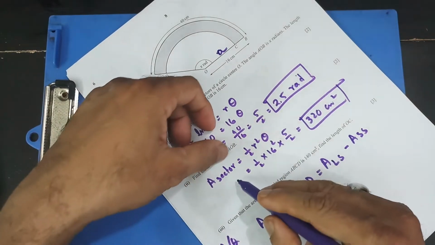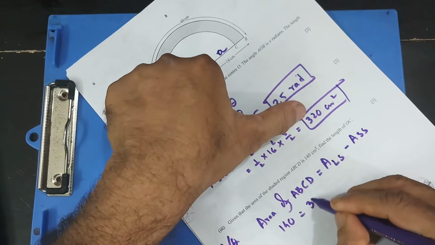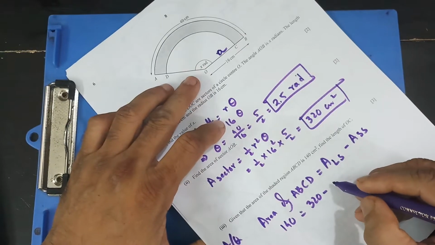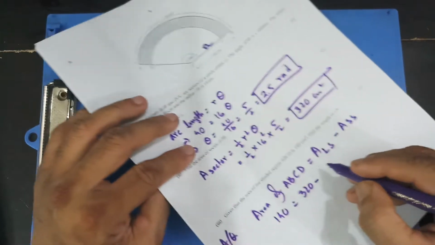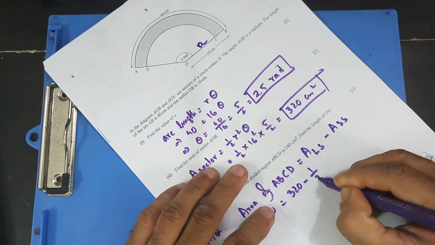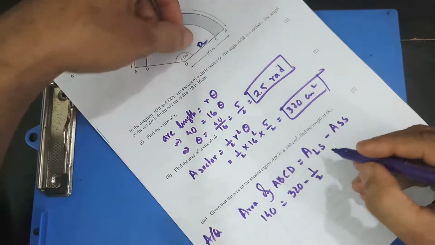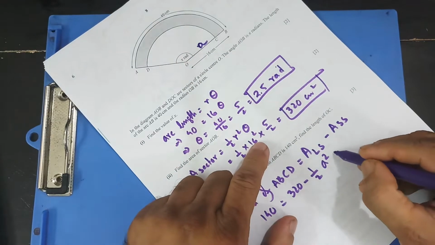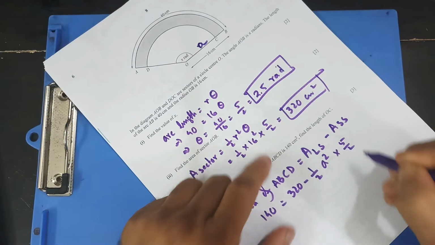The area of the larger sector we got as 320, and theta is 5 by 2, which we know. The area is again half r squared theta, and this r is A, so A squared with theta 5 by 2.